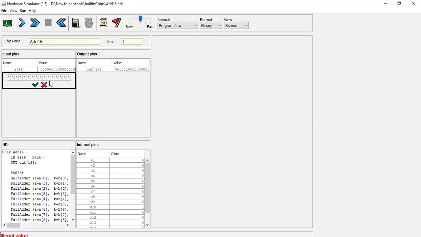Just as we designed it, a 16-bit input. But I think decimal is more convenient. So we'll simulate our add 16 circuit again, the add 16 HDL file, our adder that accepts a 16-bit input.